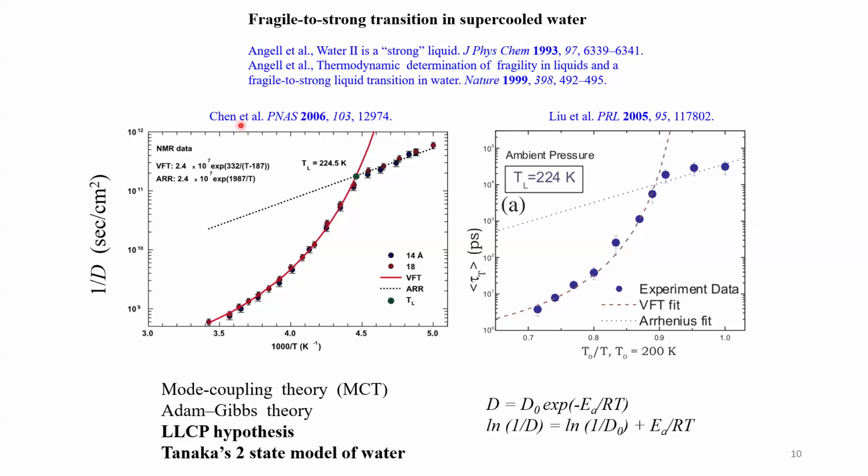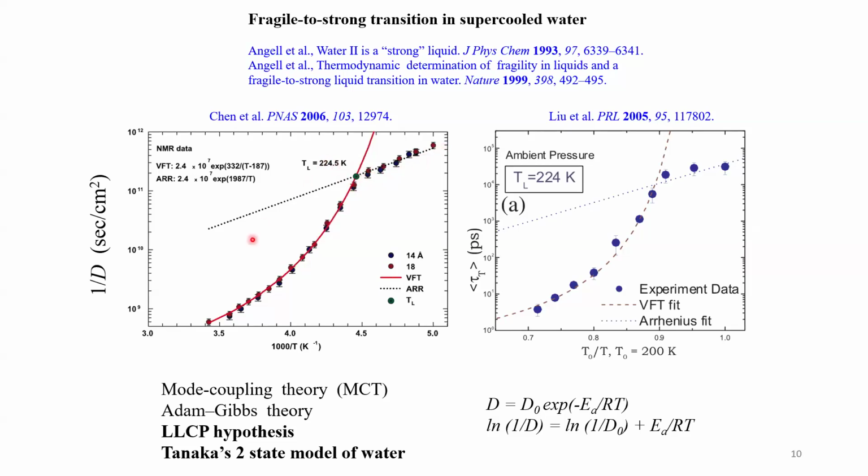You can see the experiment done by Chen and Mallamace in 2006 in their PNAS paper. What they have shown is very interesting. Here 3.3 means room temperature. Starting from room temperature, as you decrease the temperature, you can see there is a non-linearity. But then below a certain temperature, that is 224 Kelvin, a temperature similar to the critical, the Widom line temperature, it starts following Arrhenius immediately.